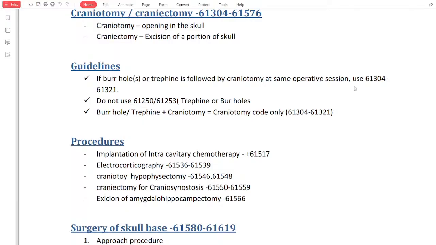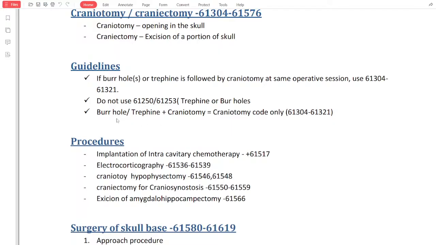Clear? Do not use 61250 or 61253 for trephine or burr holes. Okay, don't use 61250. You can use only the craniotomy code when the burr hole or trephine is followed by craniotomy at the same operative session. In these cases, you can use 61304 to 61321.